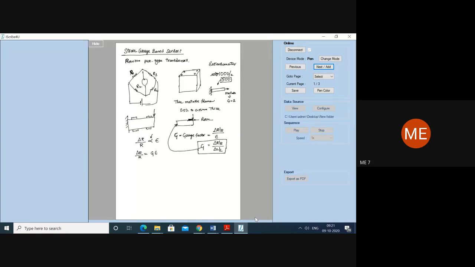Wire or foil type? We have 2 cases: wire type and foil type. Which one are we going to prefer generally? Wire type, sir. Why?